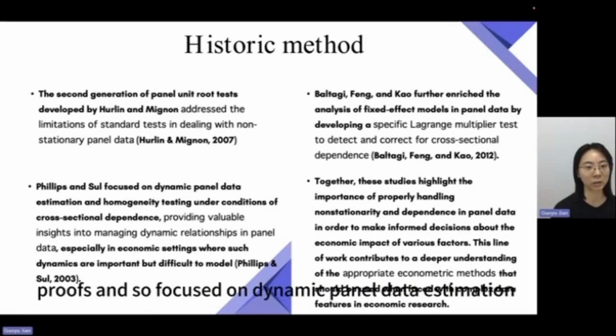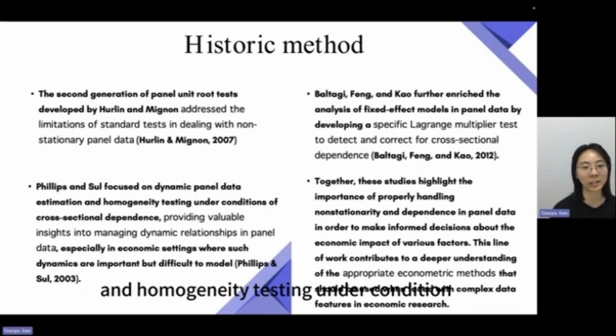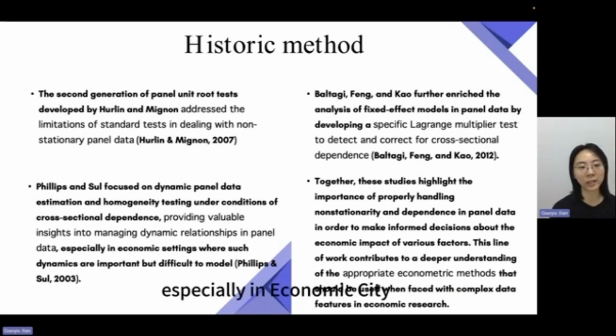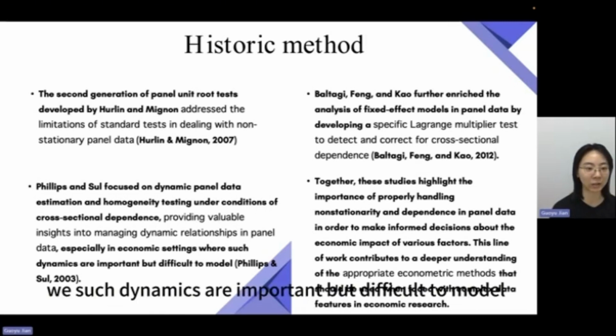Pesaran and Yamagata focused on dynamic panel data estimation and homogeneity testing under conditions of cross-section dependence, providing valuable insights into managing dynamic relationships in panel data, especially in economic settings where such dynamics are important but difficult to model.